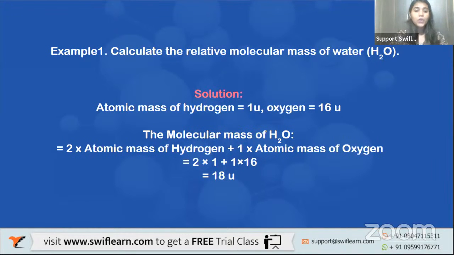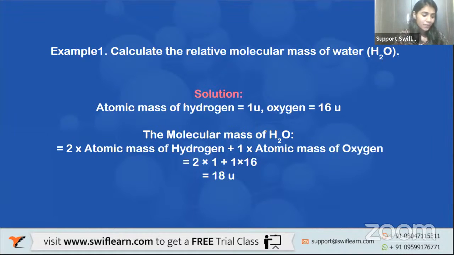Clear? 2 into the atomic mass of hydrogen plus 1 into the atomic mass of oxygen. Why did that 1 come here? This 1 denotes the number of atoms of oxygen. Here there are 2 hydrogen atoms, so we put 2, and here there is only 1 oxygen atom, so we put 1. So if you add up all of the atomic masses of all the atoms inside one molecule of water, we would get 18u.